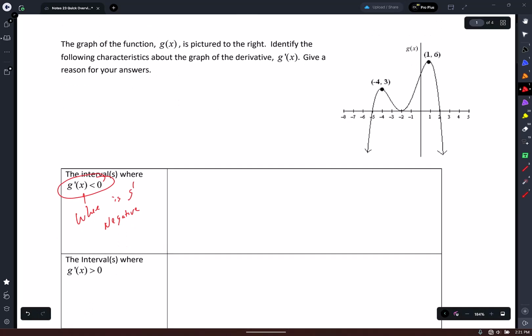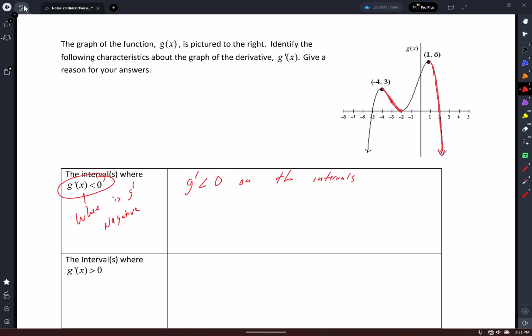So I'm going to write g prime is negative on the interval or intervals. Let's see, there's two of them. I'm going to color code them. There's this interval, -4 to -2, the open interval, because it says g prime less than 0. And then the open interval from 1 to infinity.